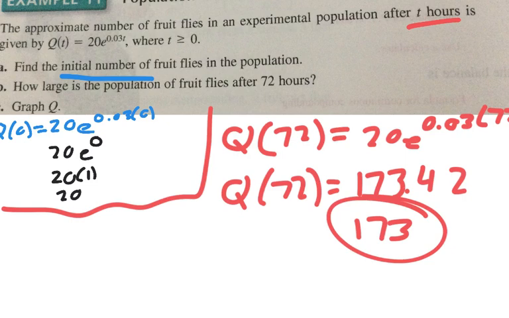So I've got y equals 20 times e raised to the 0.03 times t, which is, well, I don't know what t is going to be, right? So it's going to be times t, which is my variable. So I'm going to put that in as an x in this problem. So I've got 20 times e raised to the 0.03 times x.